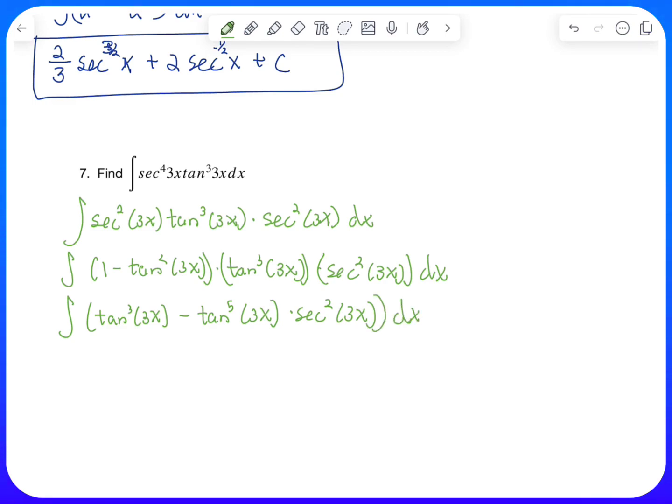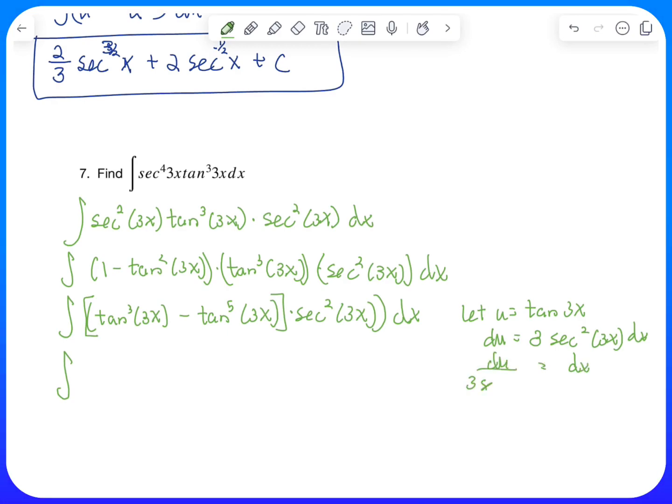I'm going to let my u equal tangent of 3x. Remember, the derivative of tangent of 3x is going to be 3 secant squared of 3x. And so I can replace all my tangents of 3x with u.